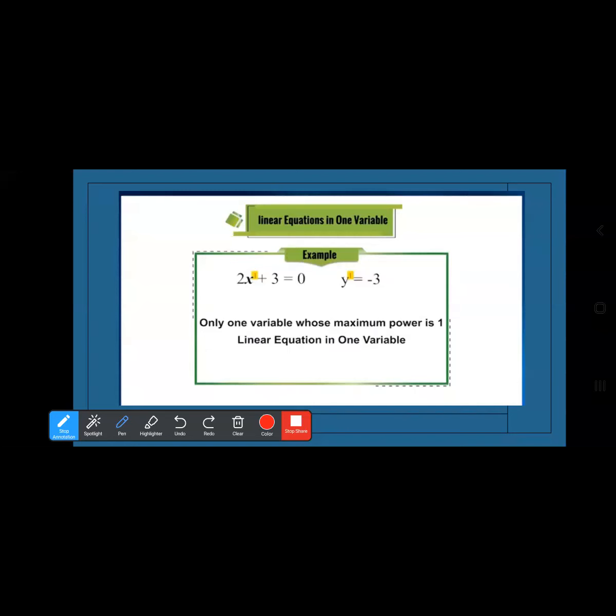Here I have highlighted the degree with yellow color. What is the highest degree? You have done this in the polynomial chapter. Here degree is not mentioned, only 2x plus 3, so for x the degree is 1. Also in the second example, y equals minus 3, the degree is 1.